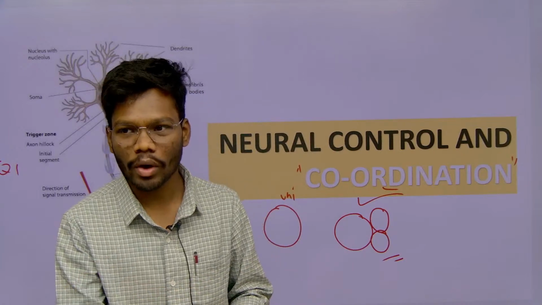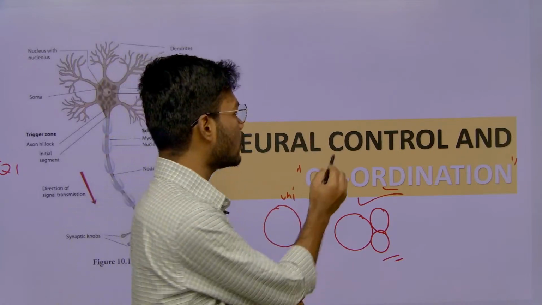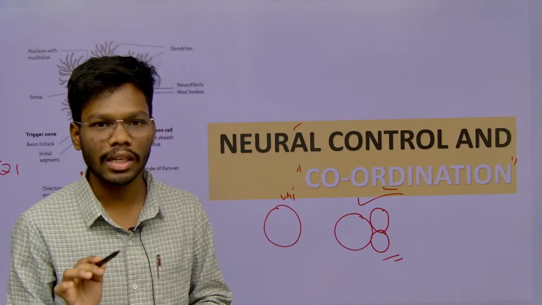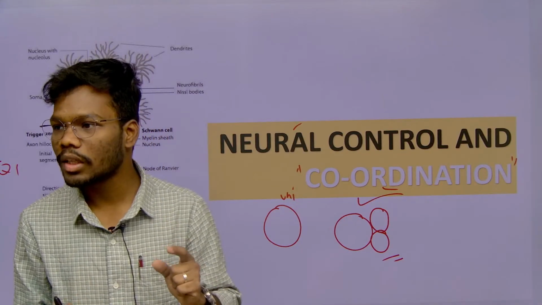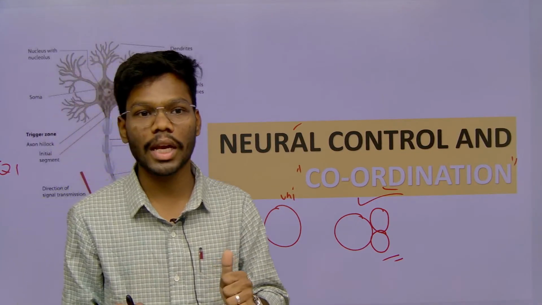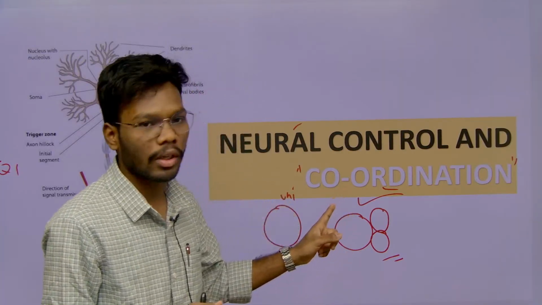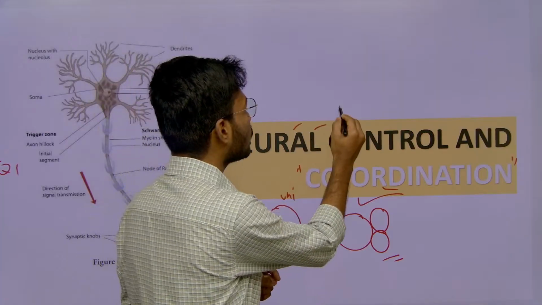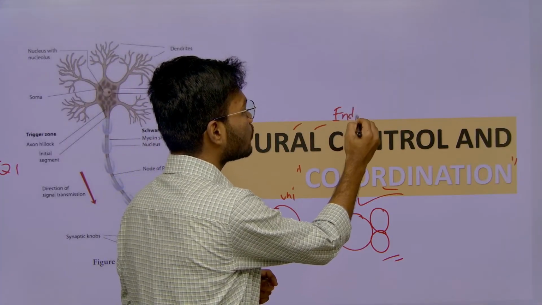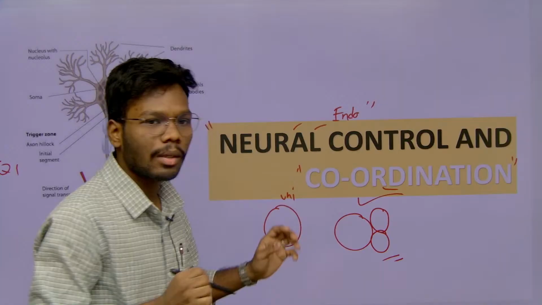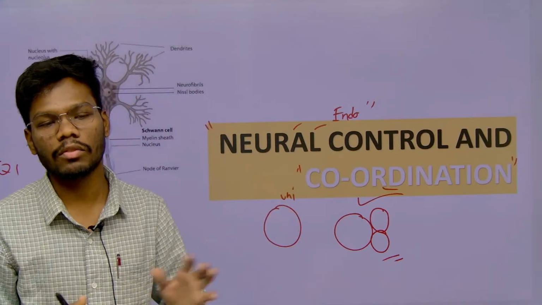Coordination. Why are we learning this coordination in this chapter on neural control? Because in our body there are 2 systems, one is the neural system, another is the endocrine system. These 2 systems are very important for coordination. The neural system and endocrine system jointly perform all the activities of the body.